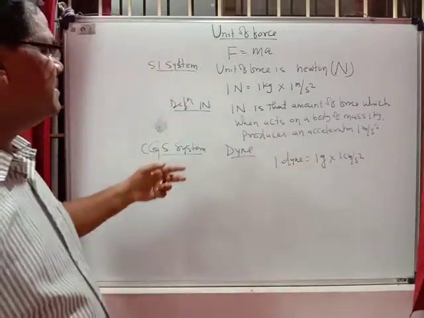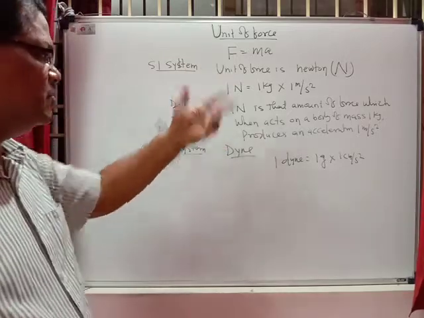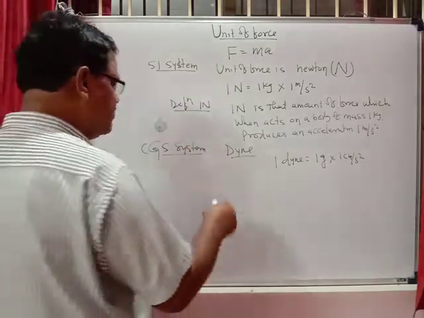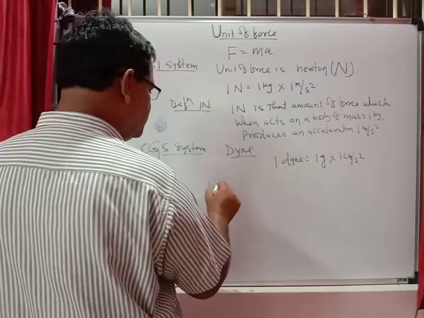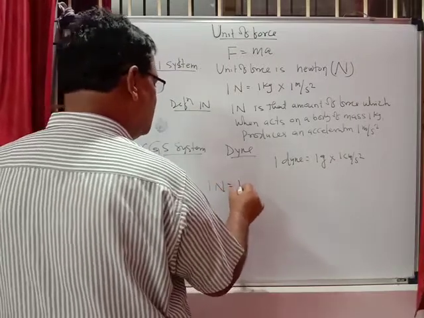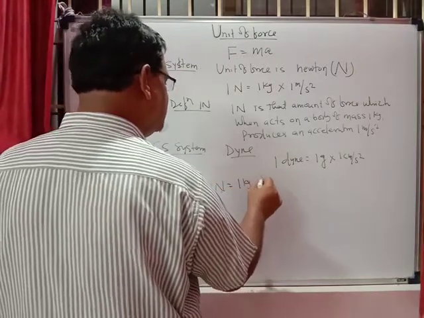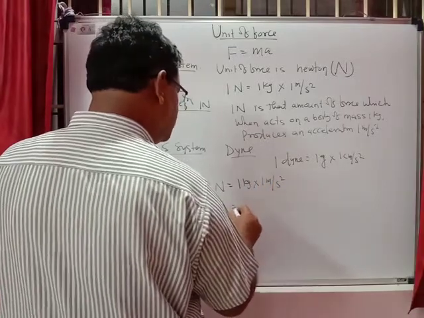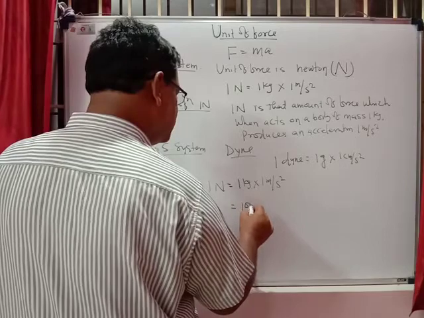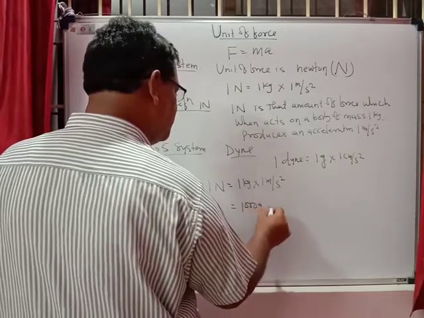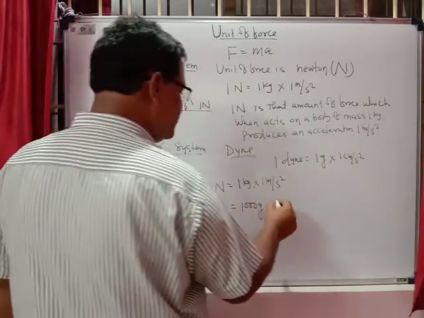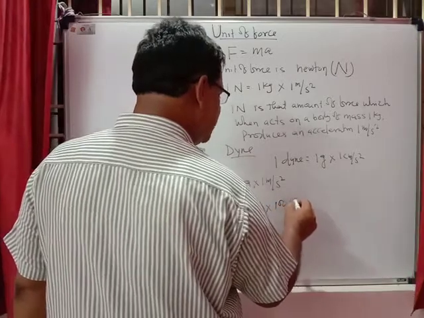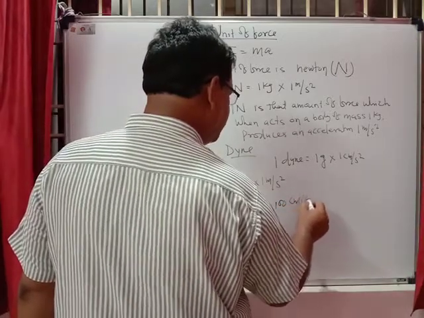If you bring the relation between Newton and dyne, 1 Newton equals 1 kg multiplied with 1 meter per second square. 1 kg is 1000 gram, and 1 meter is 100 centimeter per second square.